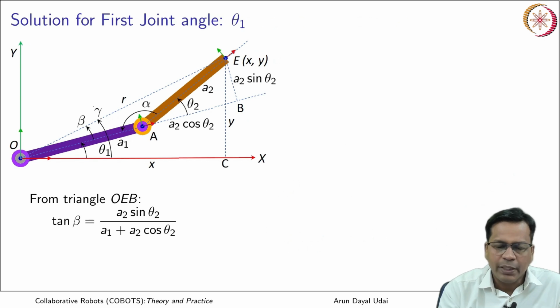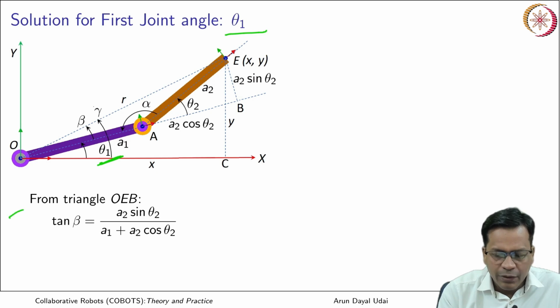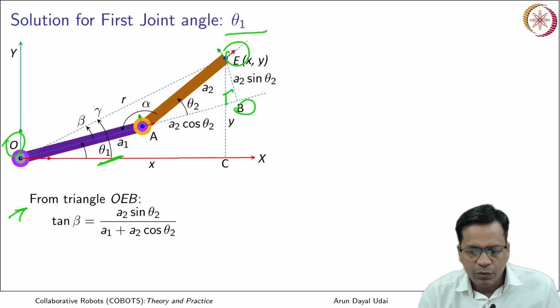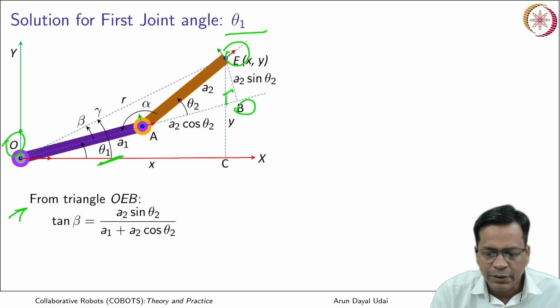Now how to obtain theta 1, that is the joint angle 1. Now from triangle OEB, that is a right angle triangle, you see. You could clearly note here, if this is A2, this perpendicular will be A2 sin theta 2. This angle is theta 2.